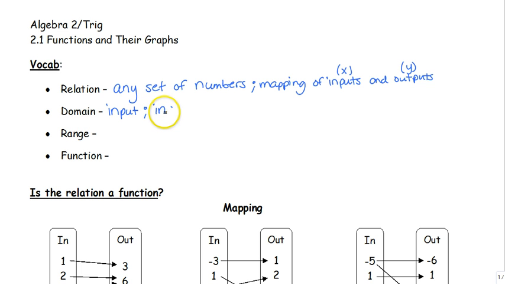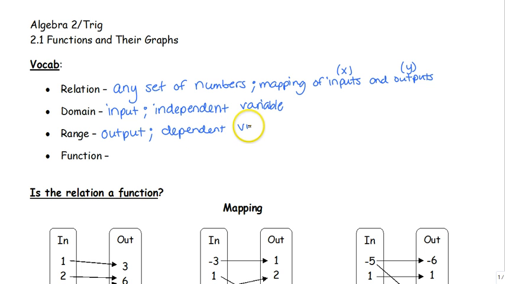And this is also going to be your independent variable. And we know range is representing all possible y values, so that's going to be representing our output. And if that's the independent variable, the range is your dependent variable.